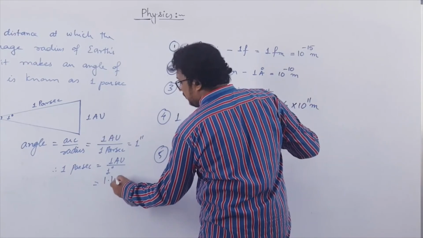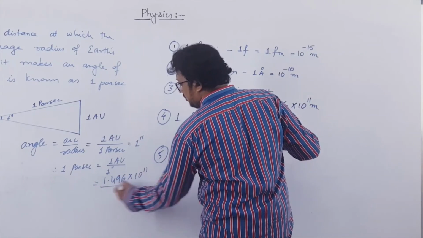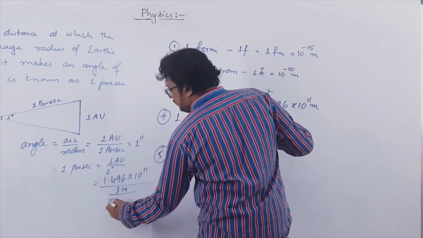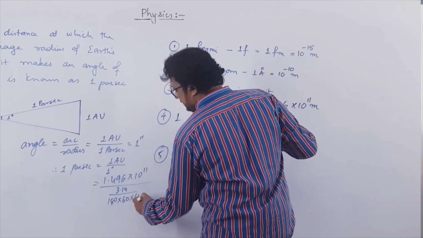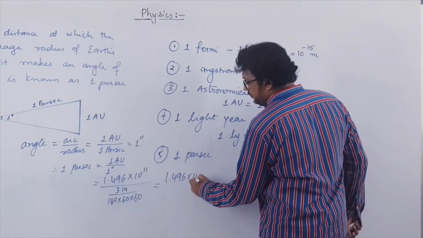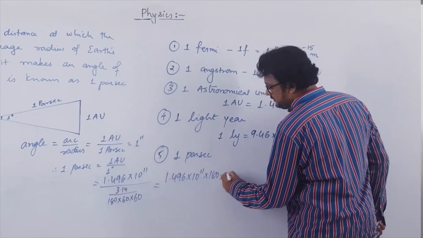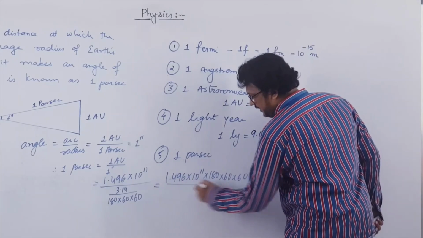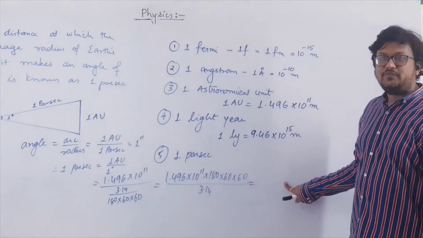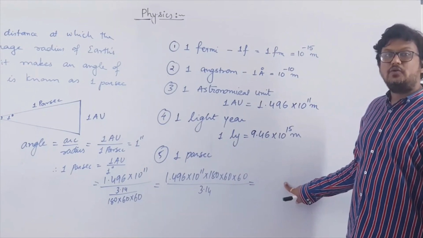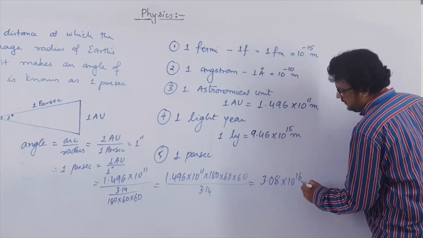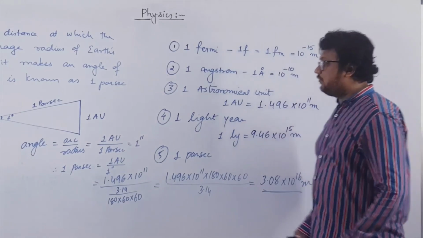So 1.496 into 10 to the power 11 over 1 second, which is 3.14 by 180 into 60 into 60. If you simplify this, you get 1.496 into 10 to the power 11 into 180 into 60 divided by 3.14. Using a calculator, your answer will be 3.08 into 10 to the power 16 meters. This is how we can find the value of 1 parsec.